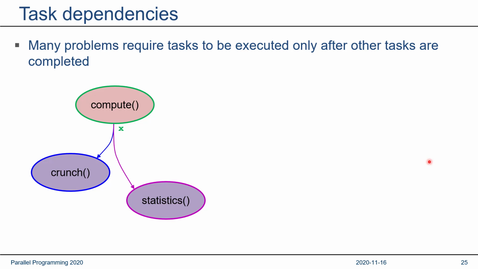Now, it's entirely clear from this very simple diagram that the crunch and the statistics function, those two can run independently and in parallel, but they can both only start after compute has finished, because the variable x, the output of compute, is an input to crunch and to statistics. So this is a dependency that I'd like to make explicit to a program that uses tasks.